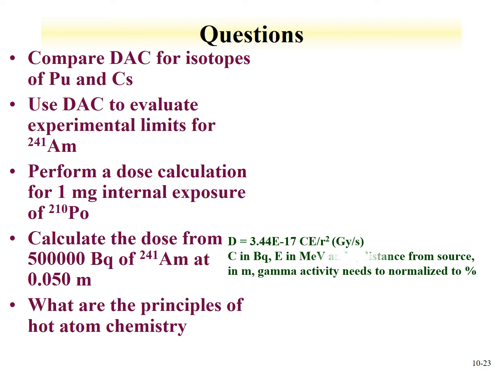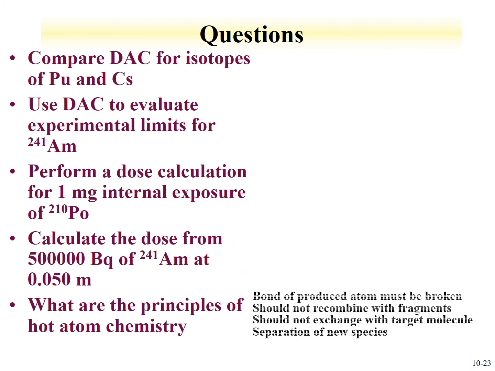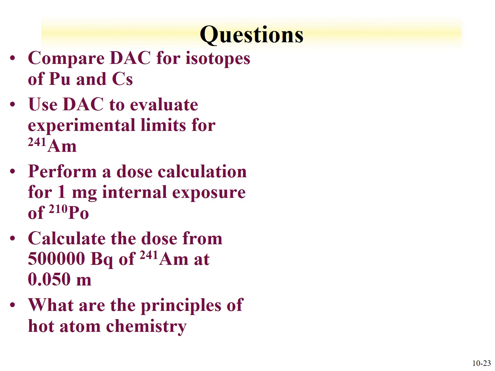And finally, when we discussed hot atom chemistry, what are some of the principles of hot atom chemistry? One uses a nuclear reaction for bond breaking to try to do separations for carrier-free isotopes.